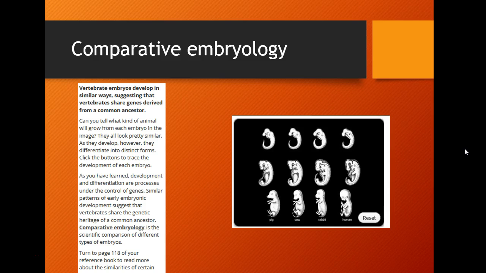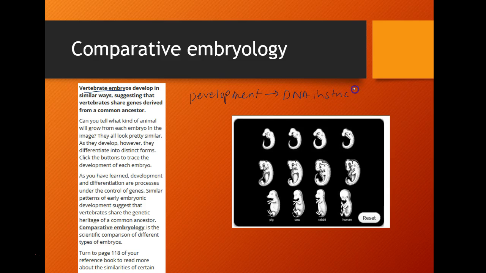So another type of evidence of evolution would be comparative embryology. And so we can look at the vertebrate embryos, or how they develop as an embryo, and it could suggest that we have a similar common ancestor. And the reason why is because development occurs because of DNA instructions, right?